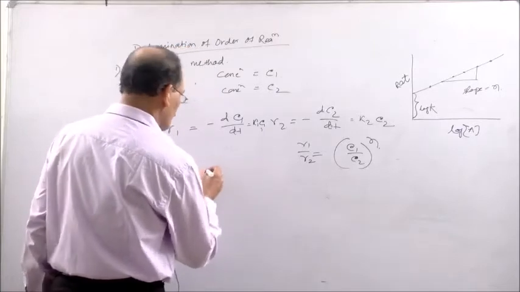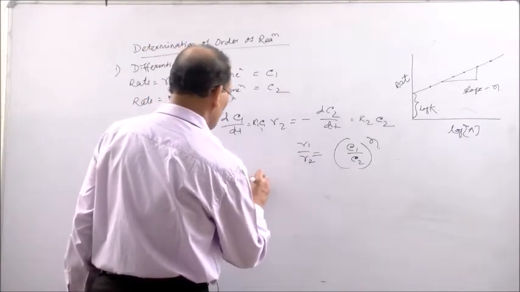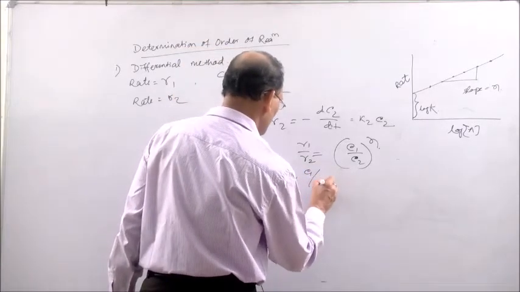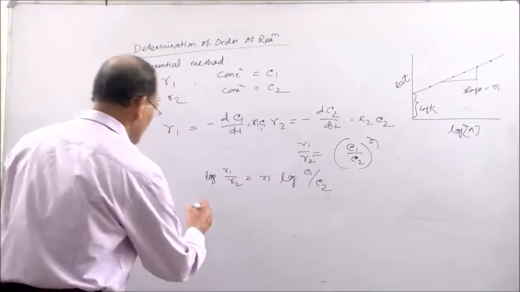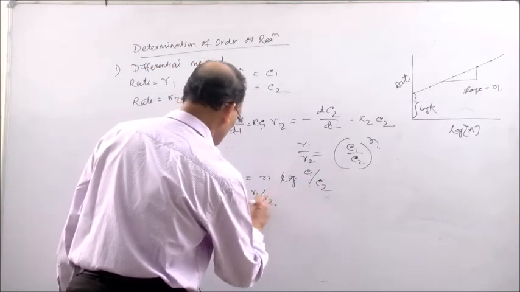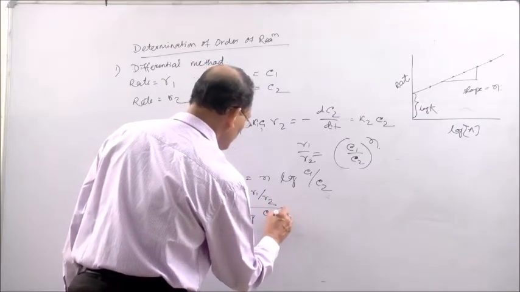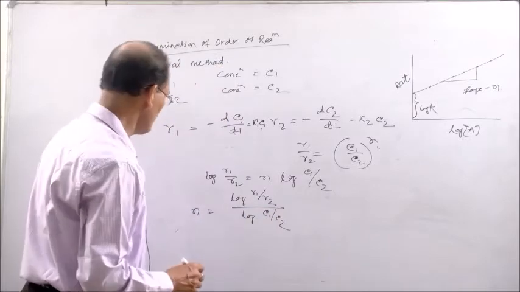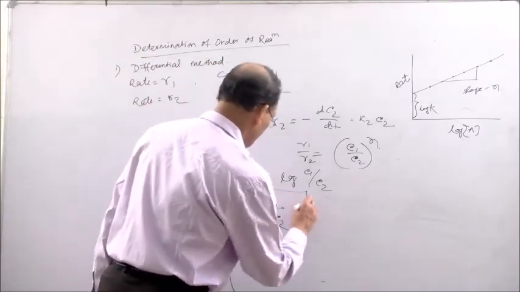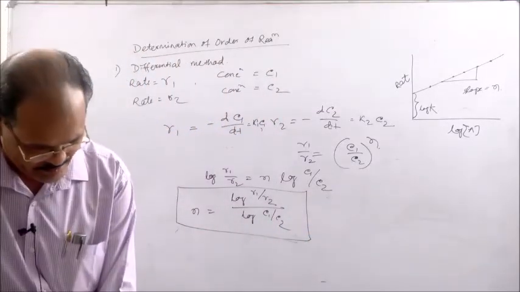Taking log of both sides, log R1 by R2 is equal to n log C1 by C2, or n is equal to log R1 by R2 divided by log C1 by C2. This is the equation for the nth order value. This is one way of expressing this.